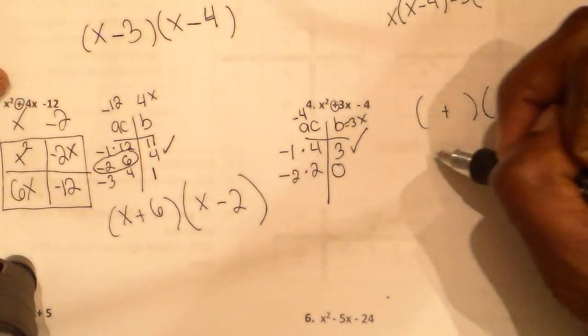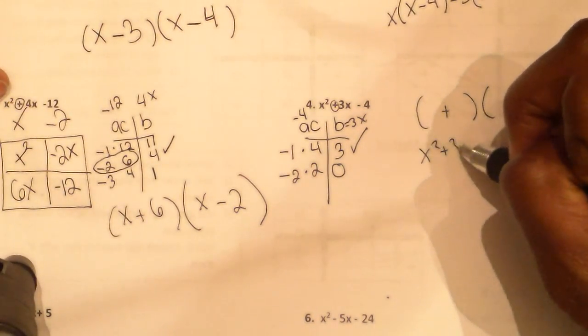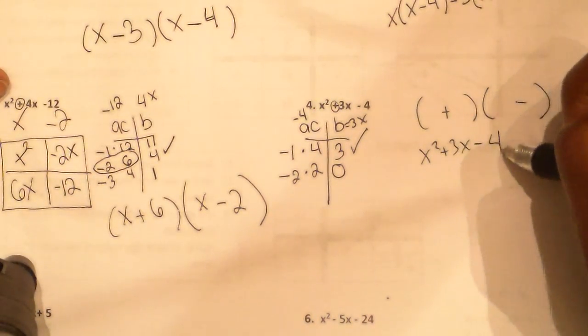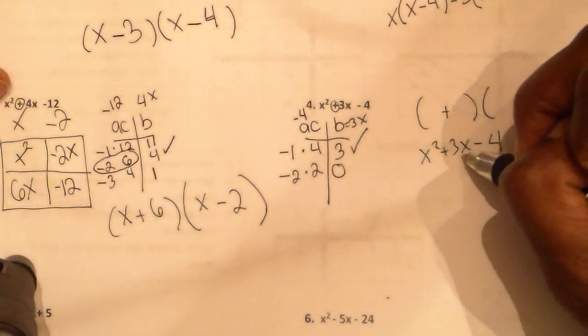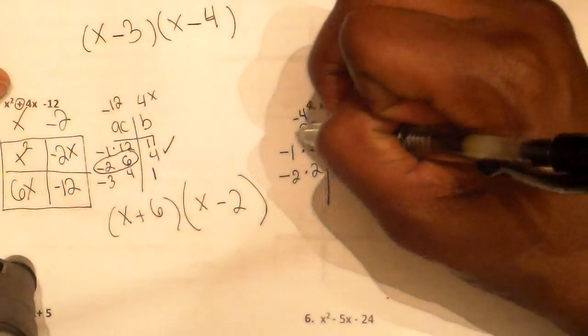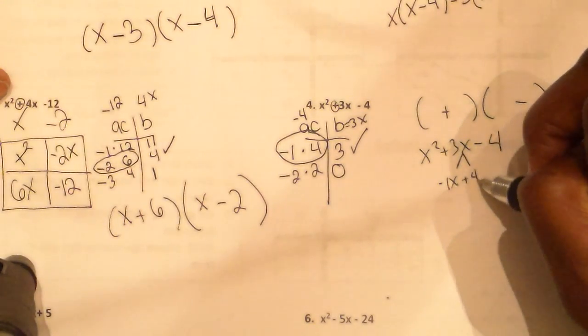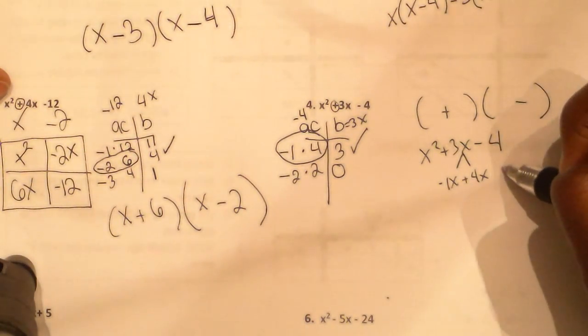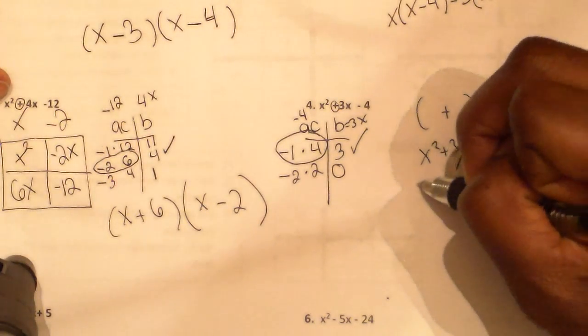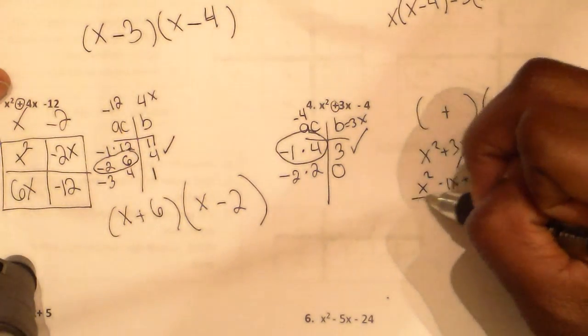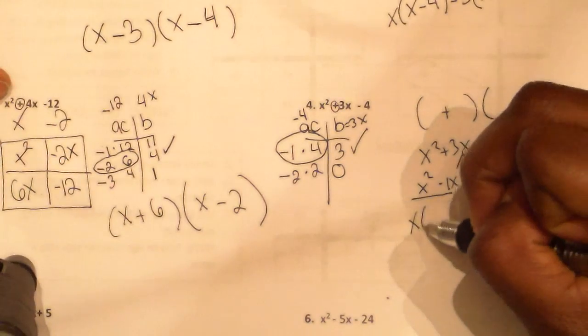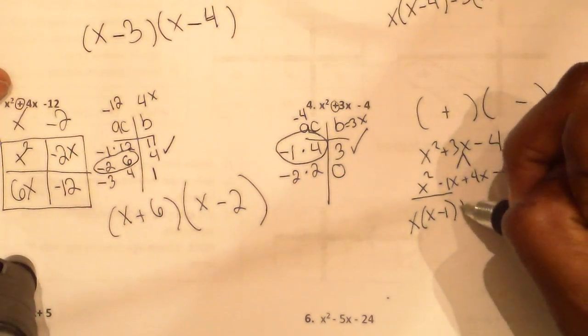That one. So with the distribution method, remember we rewrite the trinomial, and then we break down the middle term. Negative 1 and 4 work, so I have negative 1x and a positive 4x. Bring down that negative 4, bring down this x squared. Those two have an x in common, that leaves me with x minus 1.